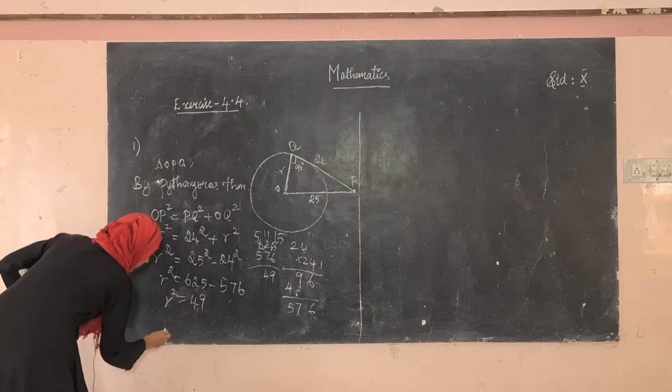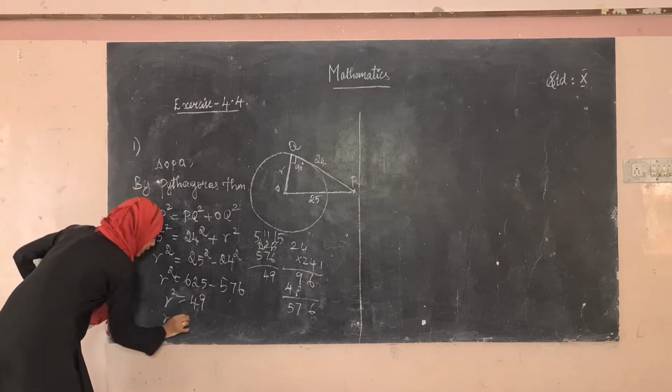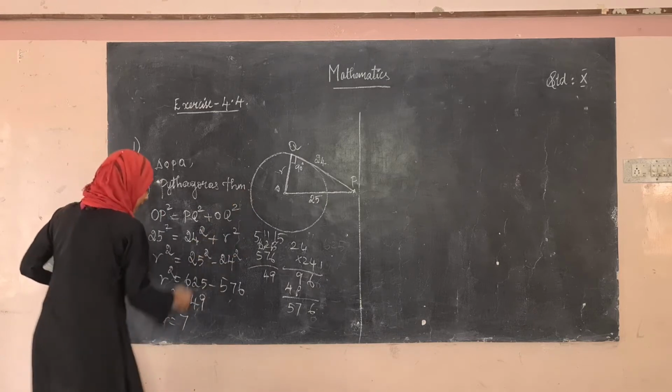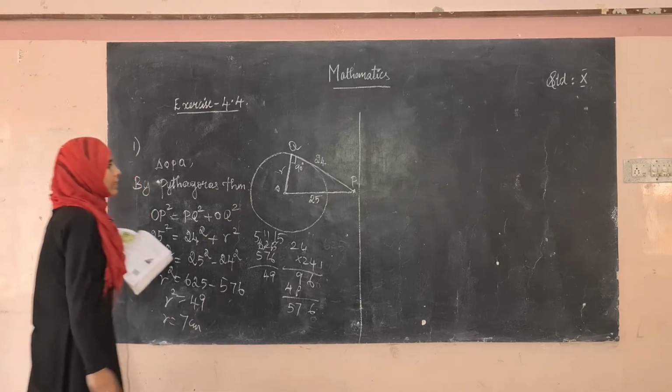So R square is 49. What's the value of R? Taking square root on both sides, you will get R is 7. So the radius of the circle is 7 centimeters. The radius of the circle is 7 centimeters.